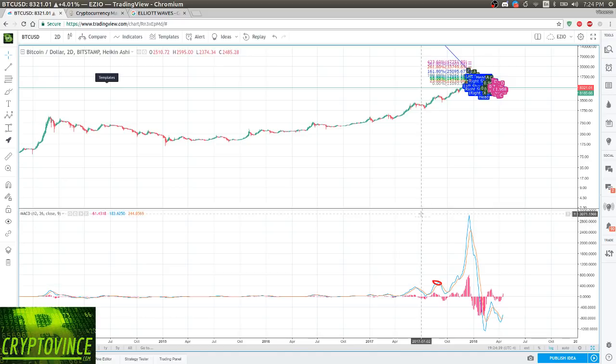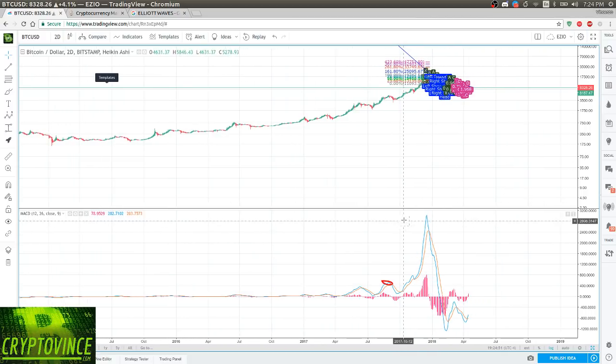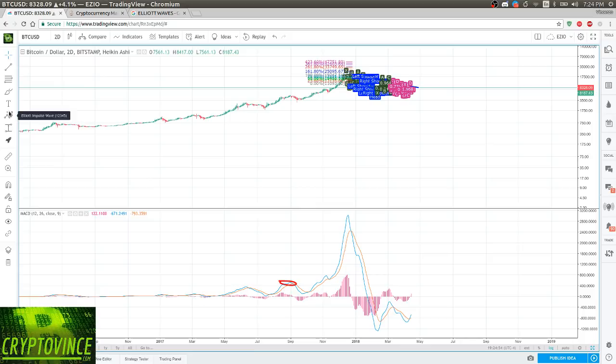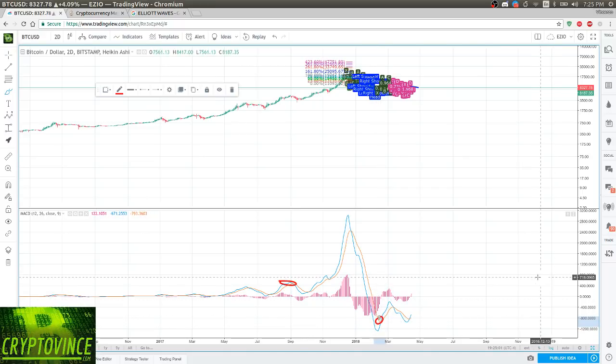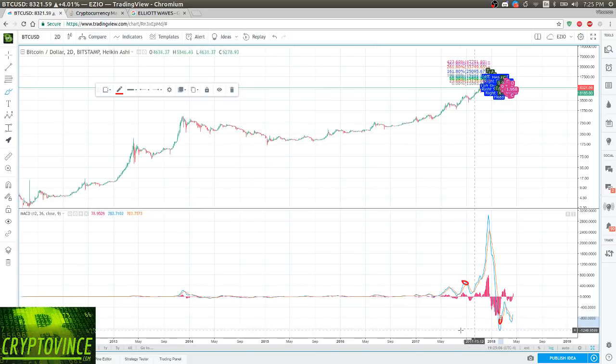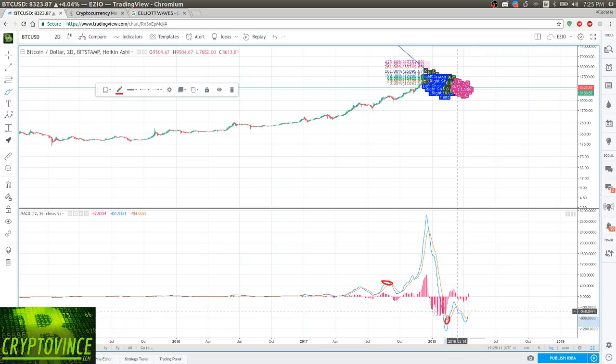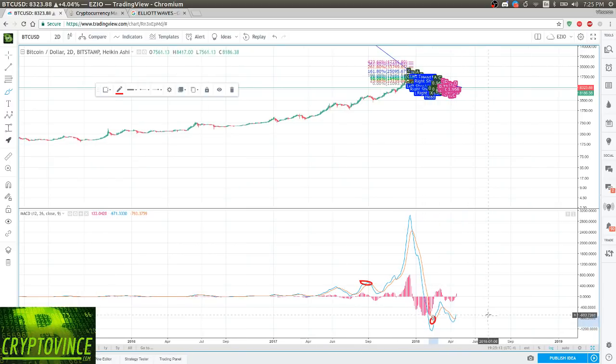Some of you did, not me. I didn't buy at 16,000 or 70,000, but FOMO was so huge here that people thought this was going to arrive at 40K, but no way. The way to buy by looking at the MACD is for sure this level here, the bottom at the cross, and that was 6K. And we're so low right now. We are at the all-time low of the MACD. So that's why it's pretty promising looking at this MACD right now.